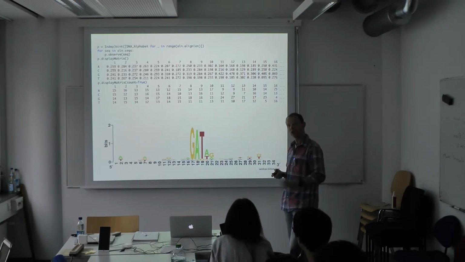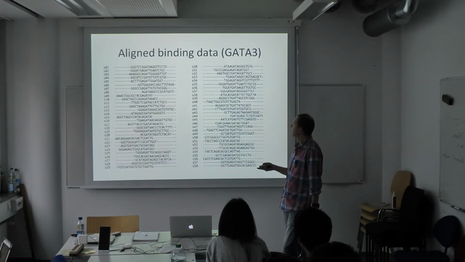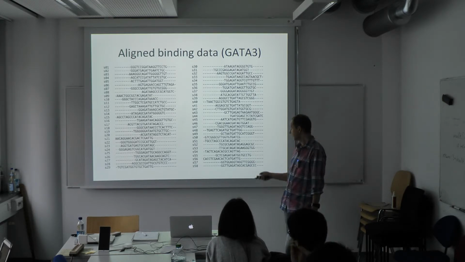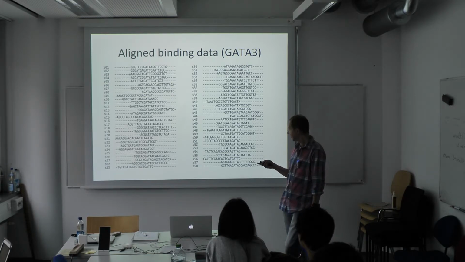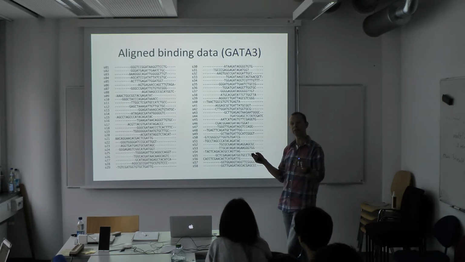In fact, I'm glossing over one little detail: we have gaps in this alignment. What do we do with them? The simple thing would be to just ignore those sequences. But what would happen, if we look at the first column here, is we would just have an A there and a C there. So there are only two possible symbols according to that alignment that would be allowed if we were to create a representation from this.